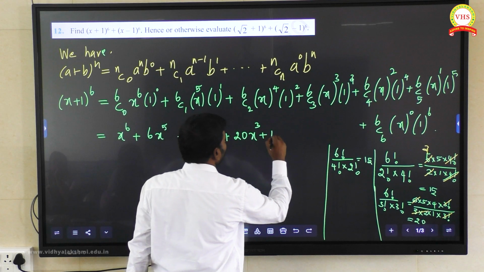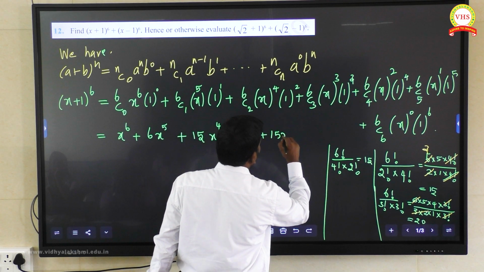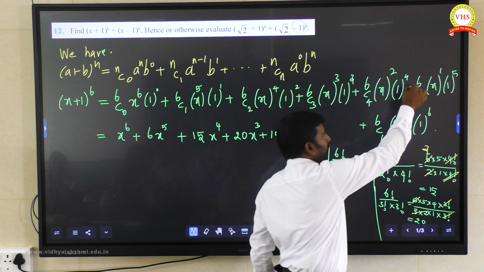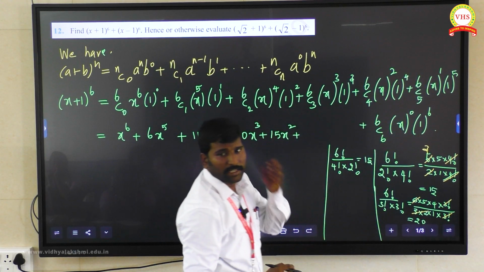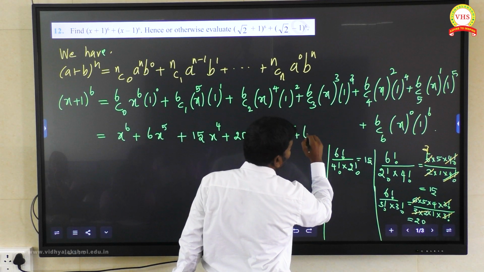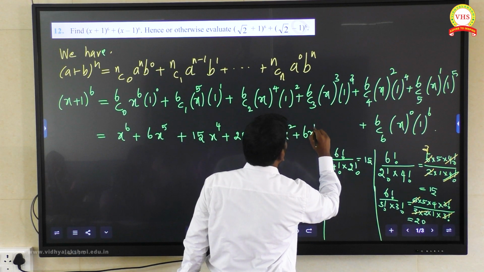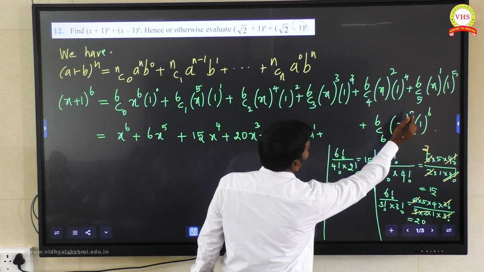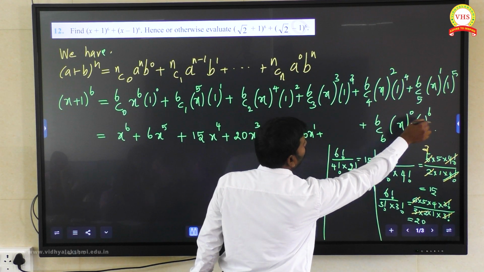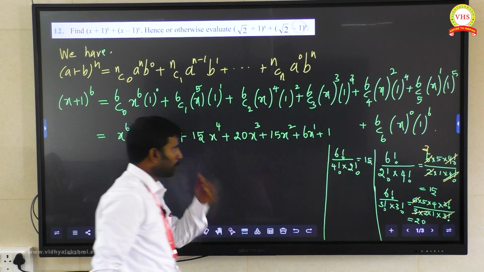So I am writing here 15 x power 2, 1 power 4 you leave it. When I have consecutive numbers like 5 and 6, the same number, 6, the n value we have to use. Then 6 x power 1. And here x power 0, leave it. And this is 1. Then 1 into 1, 1 only. That's it. Last number is 1.